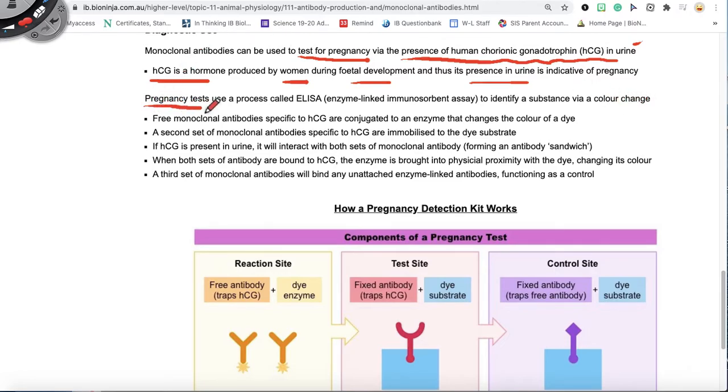Pregnancy tests, like the ones you buy at Walgreens and CVS, work via a process called ELISA, or enzyme-linked immunosorbent assay. This is used to identify the presence of HCG hormones via a color change.